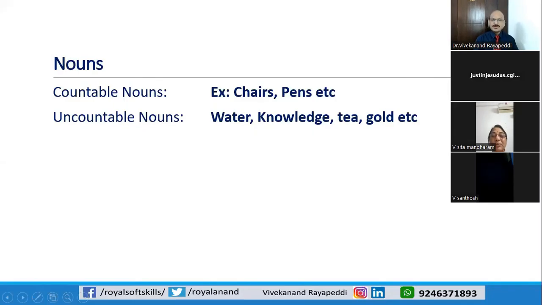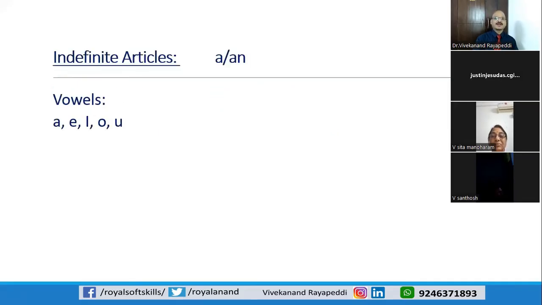Now let me show you a further slide. Vowels are A, E, I, O, U. Forget them hereafter, as I told you already.